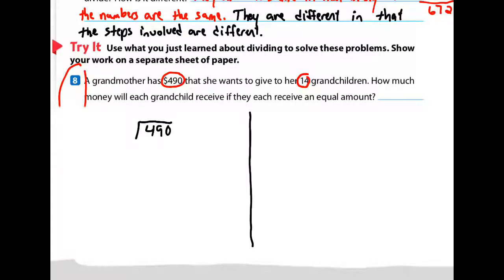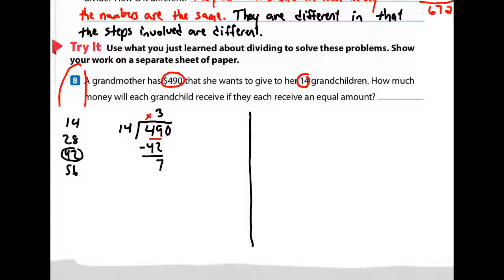If you did this method, just check it as we go. So first off, I need to figure out what 14 goes into. It does not go into the 4, but it will go into 49. Now to figure out how many times, I usually count over here. So 14, 28, plus 14 is 42, 56. Okay, so it's going to go in 3 times, which is 42.